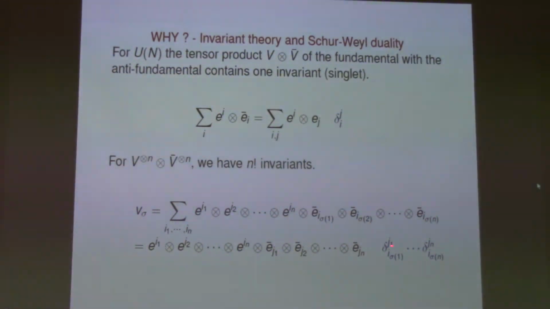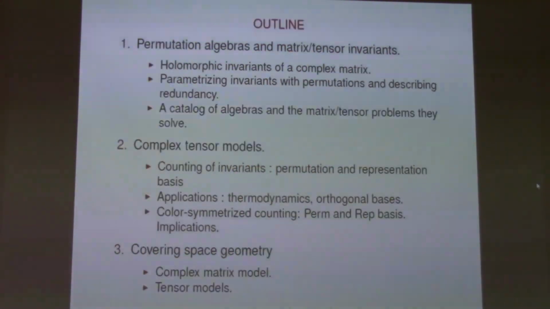To get an invariant, you have to contract the i's and the j's, but the contraction can be done in any order, which is parameterized by a permutation in Sn, and these delta contractions involve Sn. So if I'm doing capital N UN group theory, and I have a little n-fold tensor product, I will encounter the Sn group theory. And that's the fundamental reason why permutation groups are relevant to counting invariants and have these applications that I mentioned.